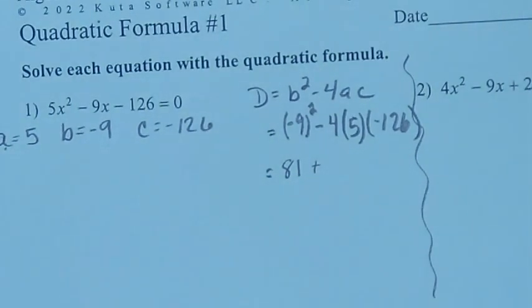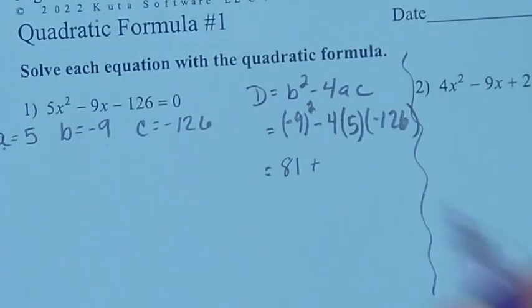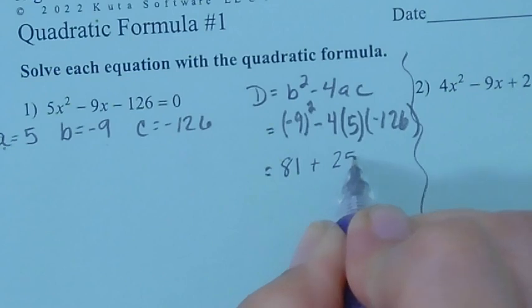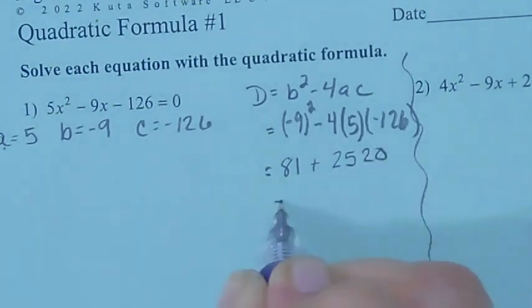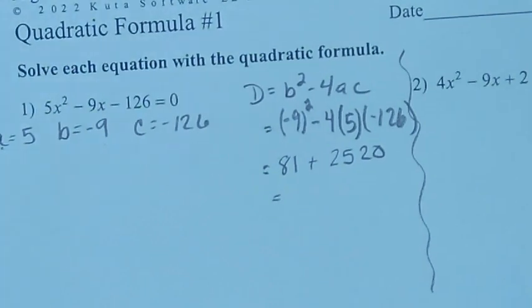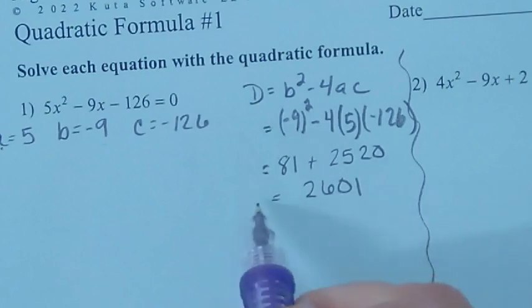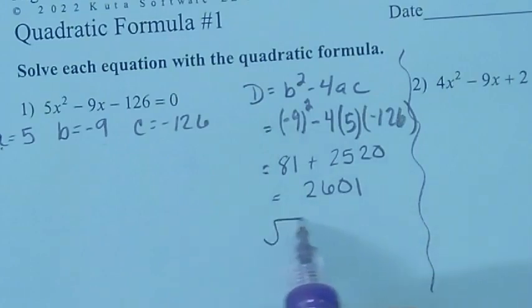So let's see, 126 times 4 times 5, or times 20, 2,520. Add 81. 2,601. That's your discriminant value, right? Now, let's go ahead and find out, is that a perfect square? What is it?